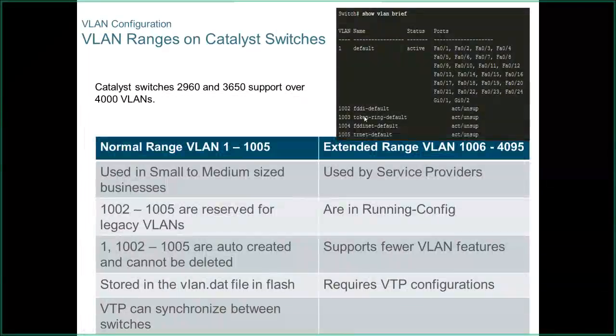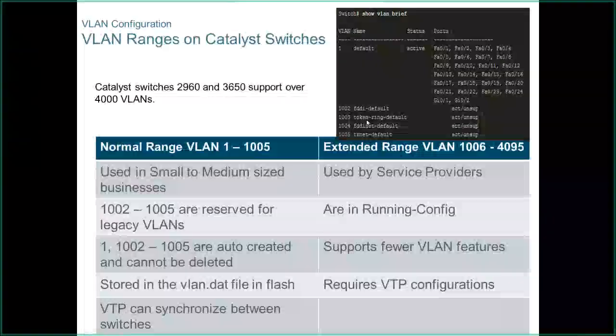So you've got FDDI, which is fiber optic connections, token ring. I can't remember what TRNet, but it'd be token ring net and FDDI net, which would probably be the management and the data.